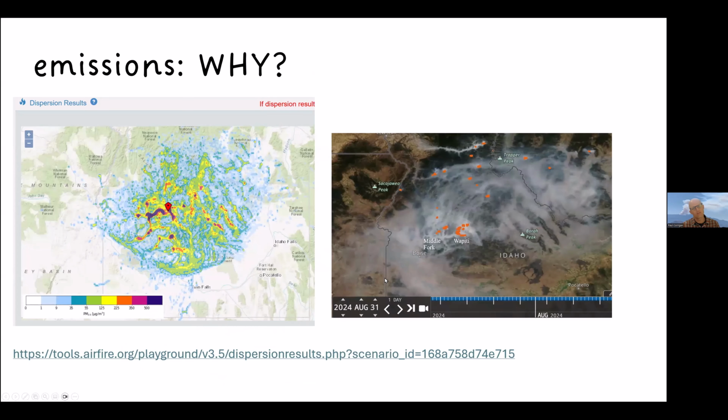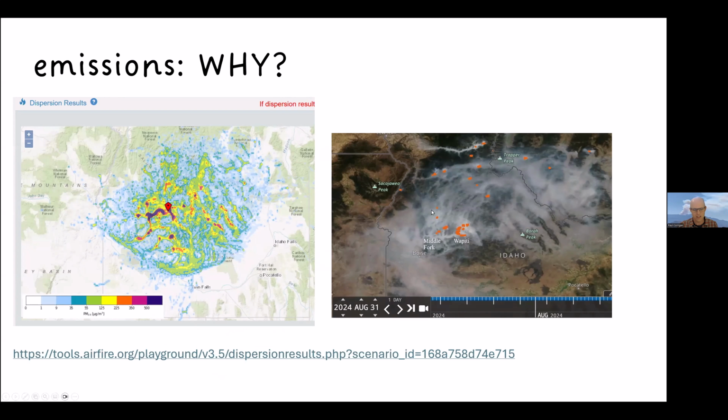Okay. Here's again looping back to what we can do about it. Oftentimes in my job, the question I'm trying to answer is, based on what I think will happen tomorrow, how bad will the smoke be and where is it going to go? Here are some tools that help me figure out that question.